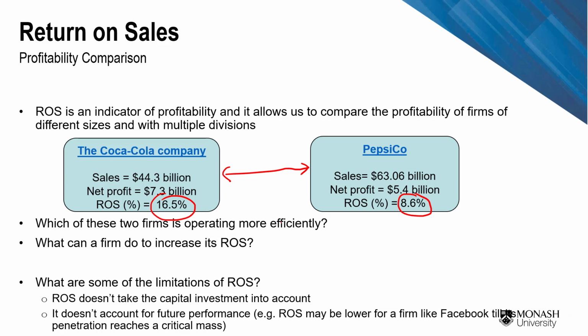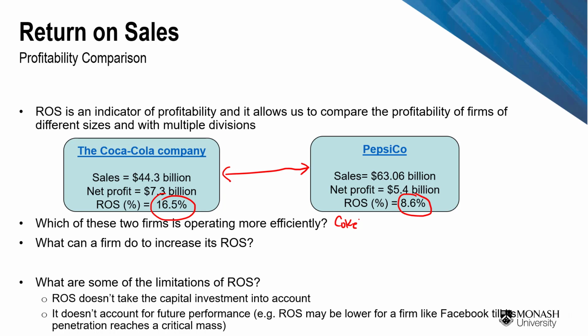Although PepsiCo has so much more sales than Coca-Cola, the ROS says that Coca-Cola is much better, having lesser sales but increased net profit. So Coke should be much more efficient in terms of their operation.